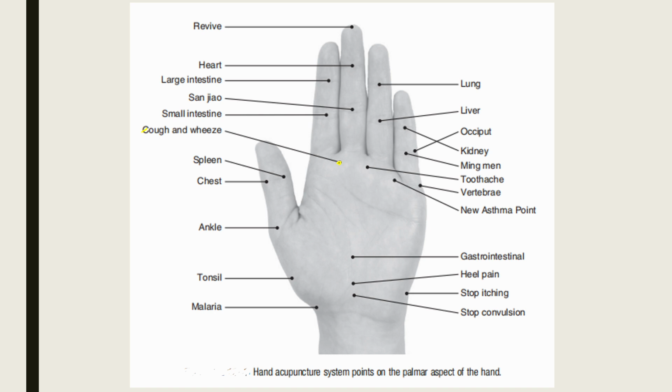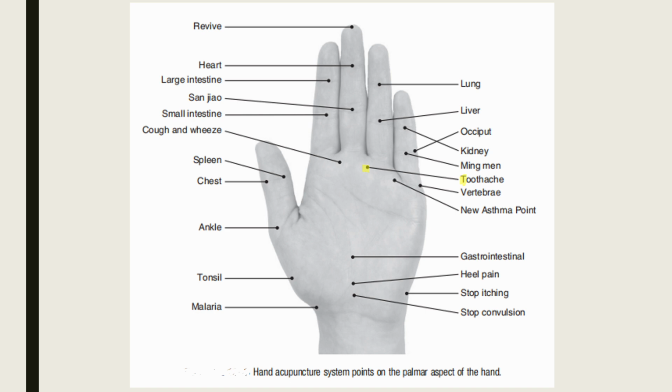The cough and wheeze point. Location: between the second and third metacarpophalangeal joint on the palmar side. Indications: bronchitis, asthma, and headache. The toothache point.